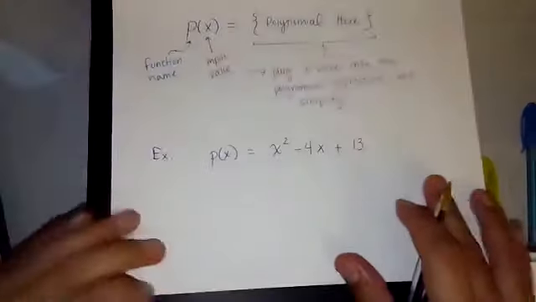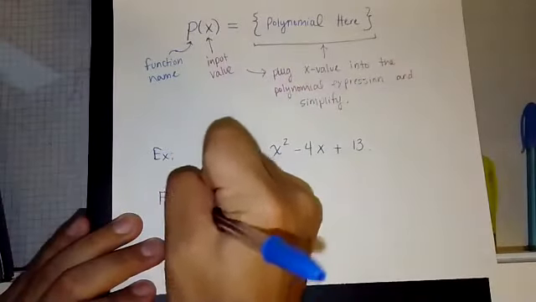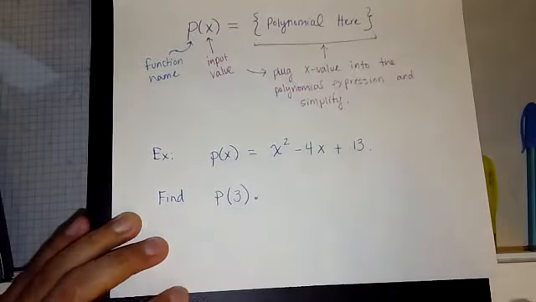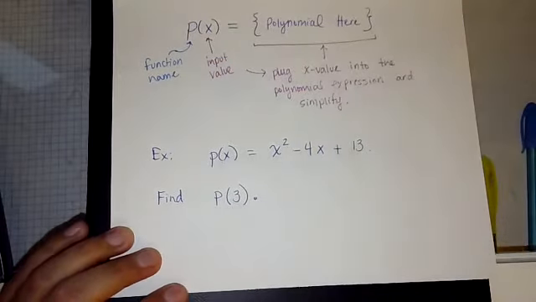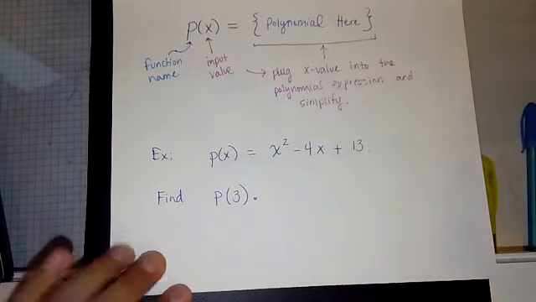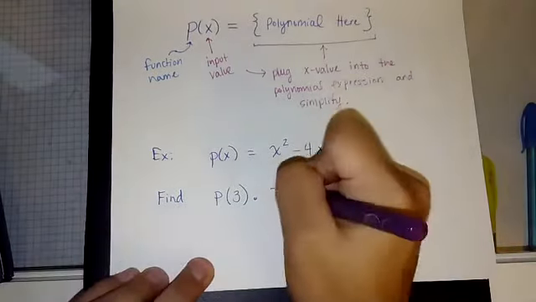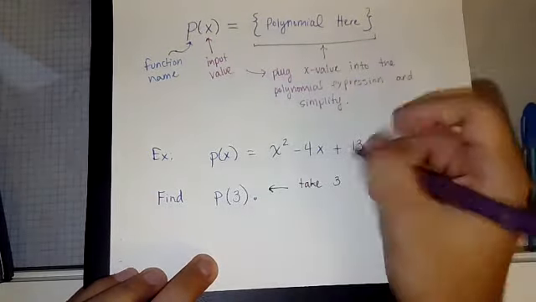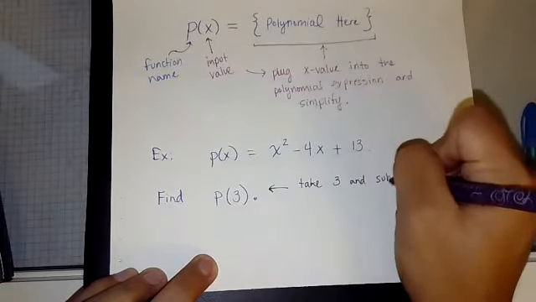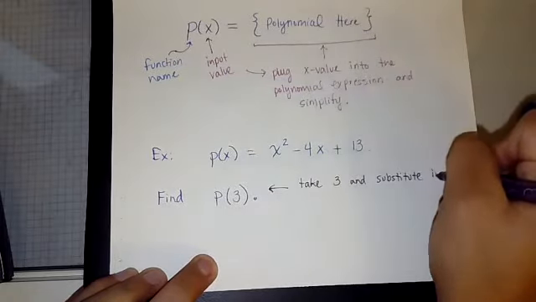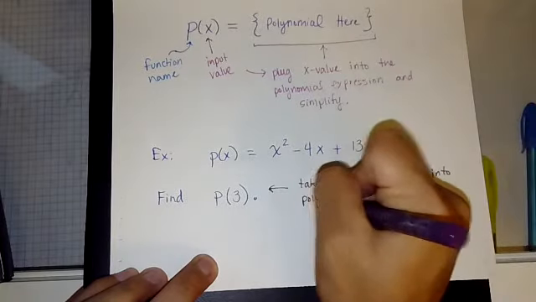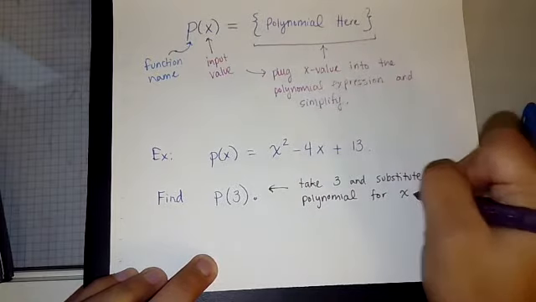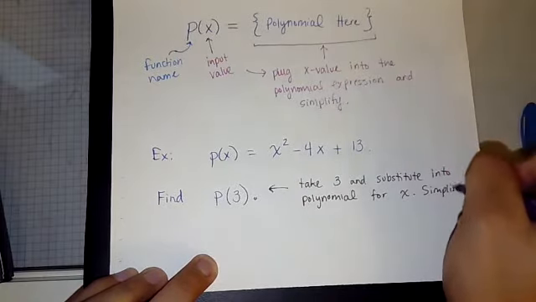And they'll ask you something like, find P of 3. And that's all they'll ask. Well, what they're telling you to do here is take the number 3 and substitute into the polynomial for x, and then simplify.